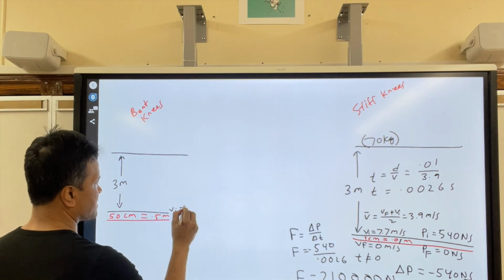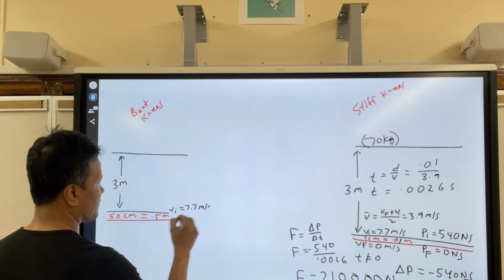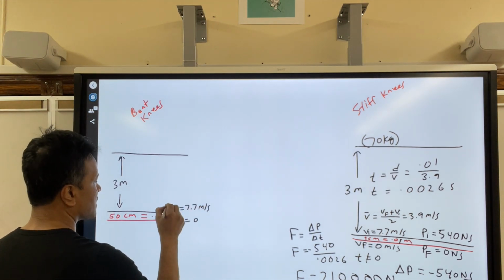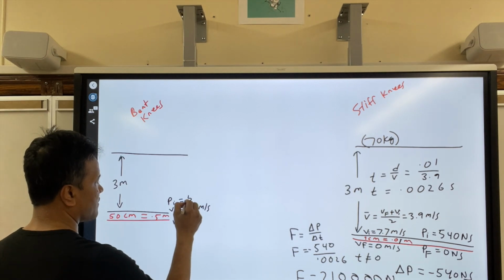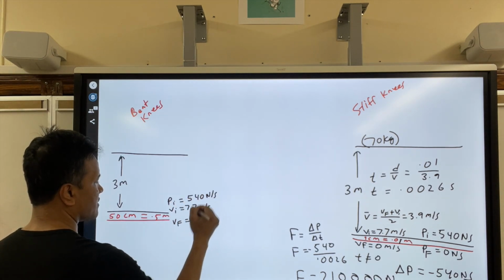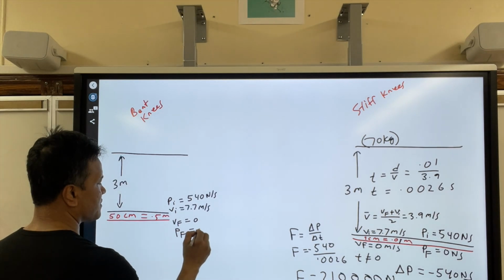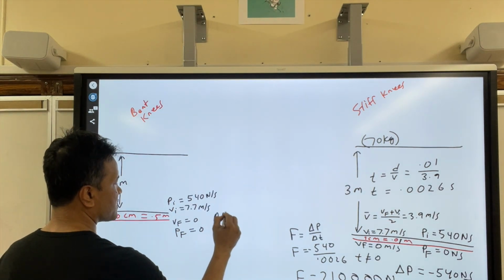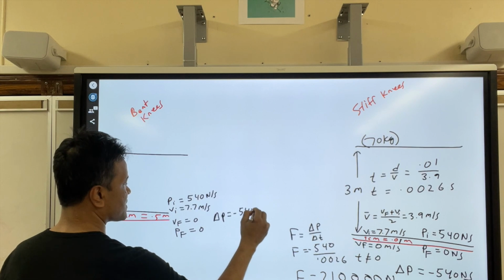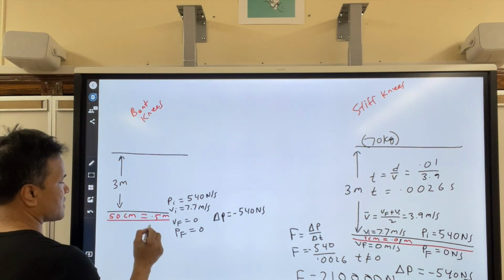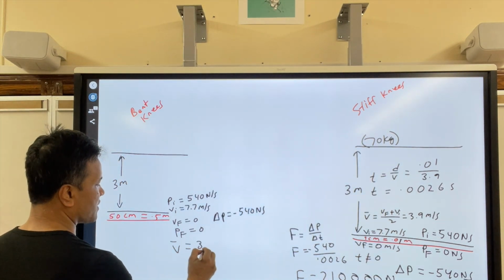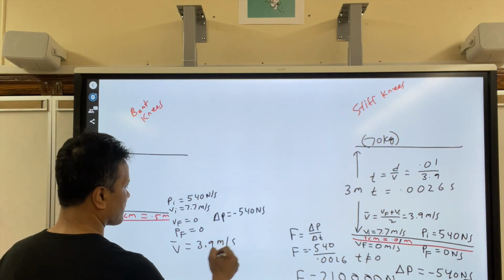What is the initial velocity? Initial velocity is 7.7 meter per second. Final velocity is 0. Initial momentum is 540 newton second. Final momentum is 0. Total momentum is negative 540 newton second. Average velocity is 3.9 meter per second.